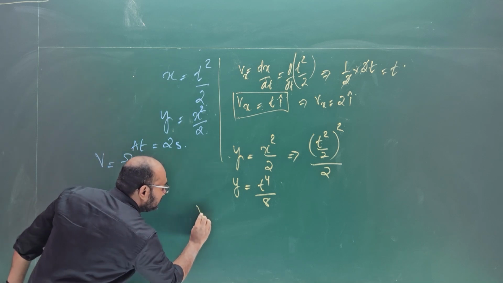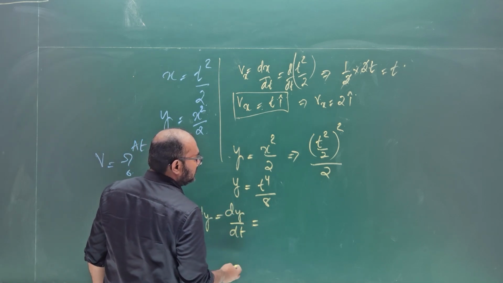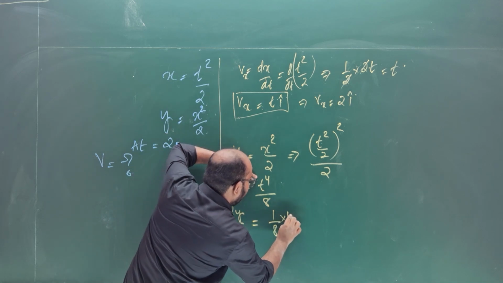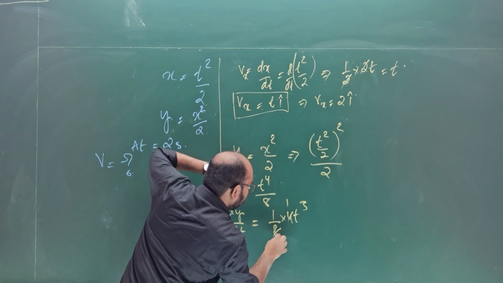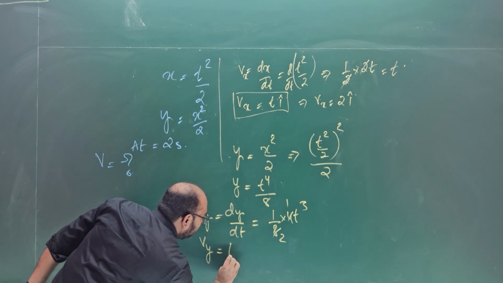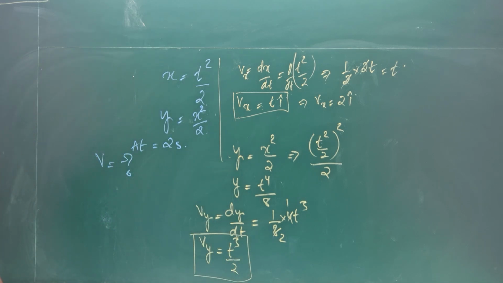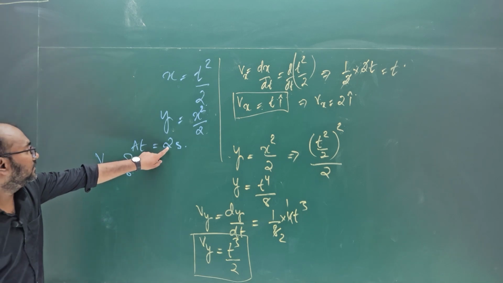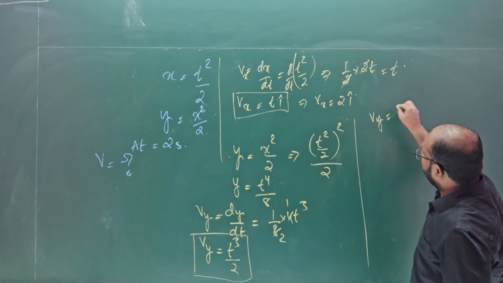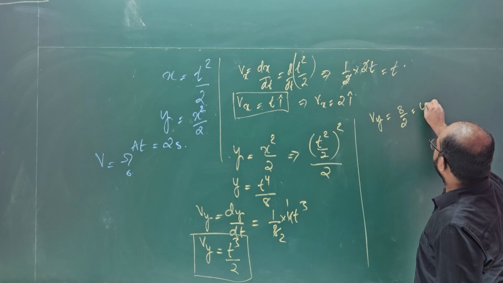Now, Vy is nothing but dy upon dt, which can be written as differentiating 1 by 8 into t to the power of 4, giving 4t cube. So Vy becomes t cube upon 2. Substituting t is equal to 2 seconds, we get Vy is equal to 2 cube, which is 8, upon 2, that is 4.